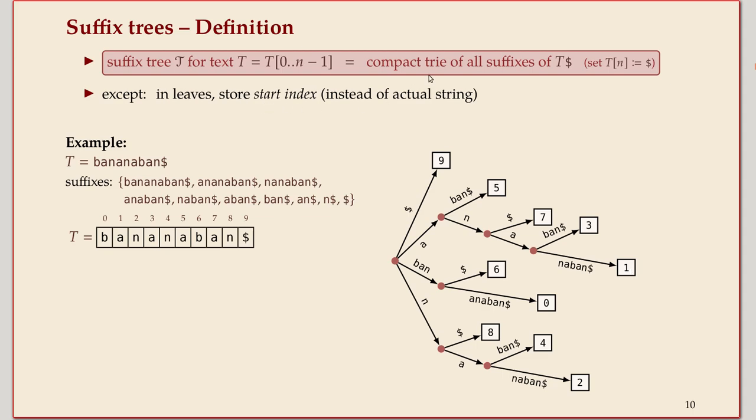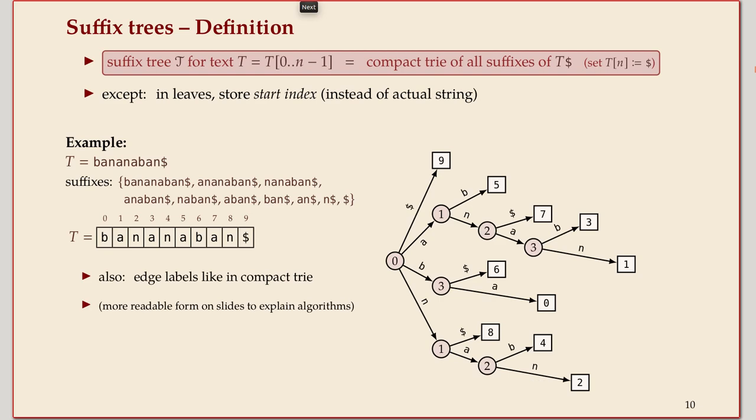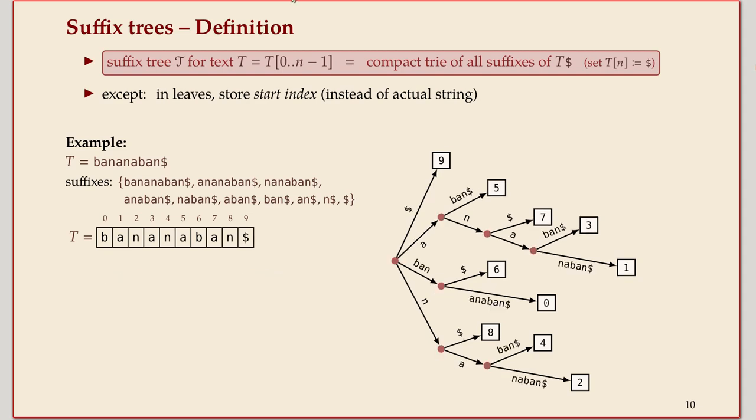That actually belongs to the definition, but it didn't nicely fit into the red box, so I'll put it separate. Also remember, it's a compact trie, and there's 2 versions of a compact trie. This is the one that is suitable for us humans to think about, and that's the one I'll explain the algorithms on.